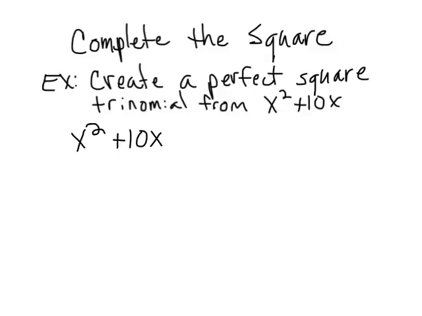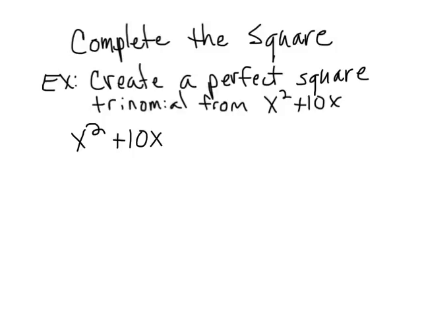To do this, I need to create a constant that I add to this expression such that when I factor the trinomial, I end up with the same factor twice. And this is where completing the square comes in. There is a method to do this, a little algorithm.